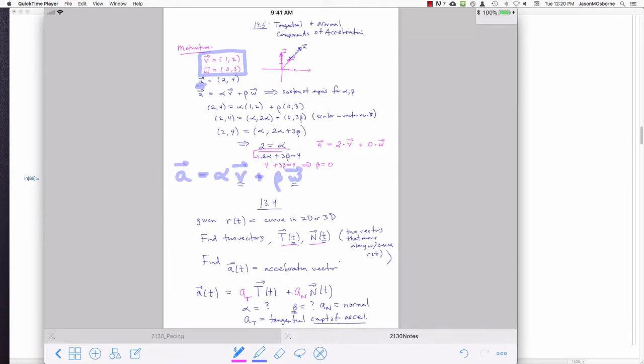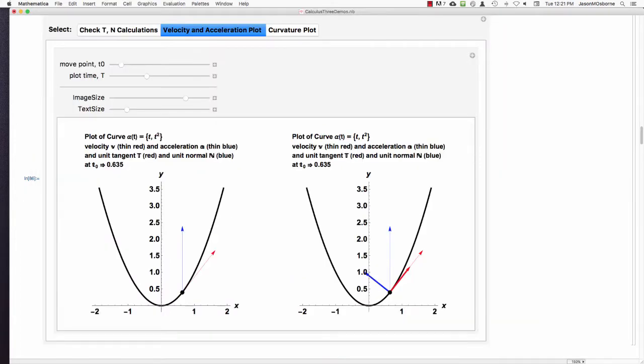Okay, so I'd like to give some physical context to this problem now by bringing in a picture. What we're seeing in this picture is a curve, in this case a parabola. On the left pane we are seeing the vector t and the vector a.